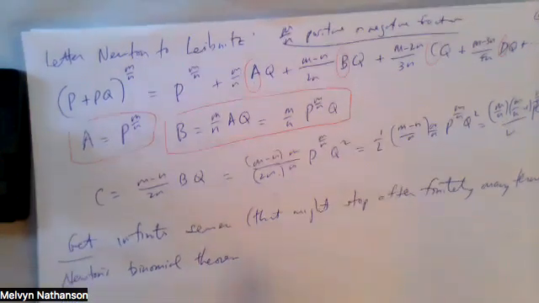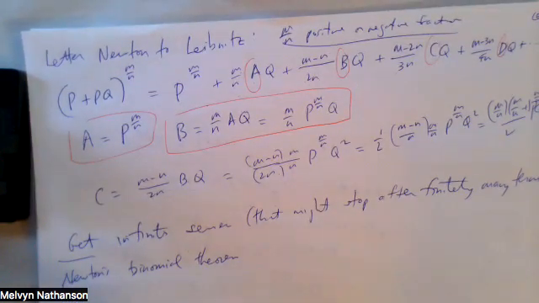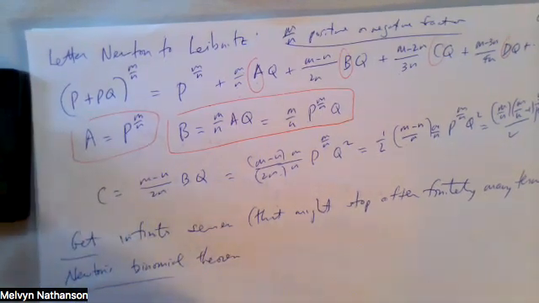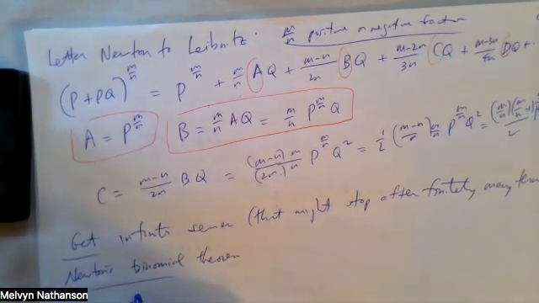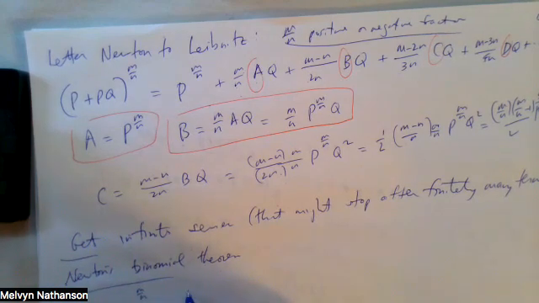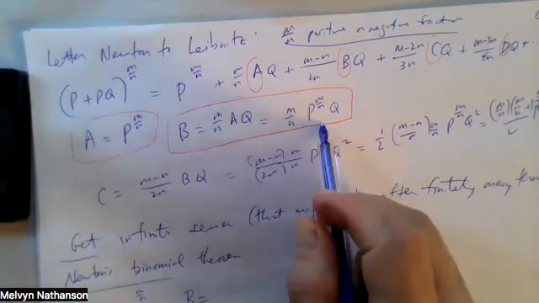So the first term A is P to the M over N. The second term B is this.